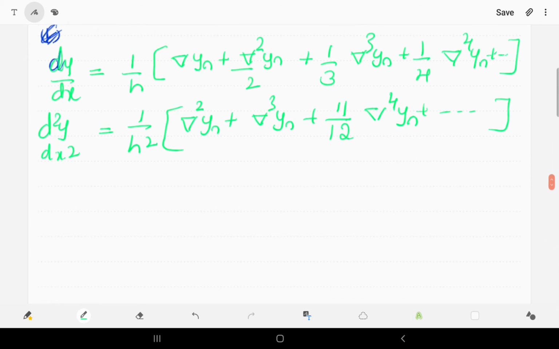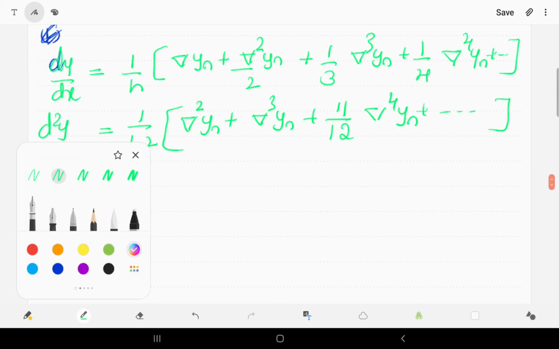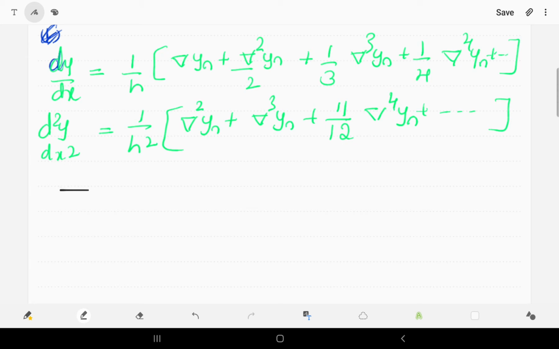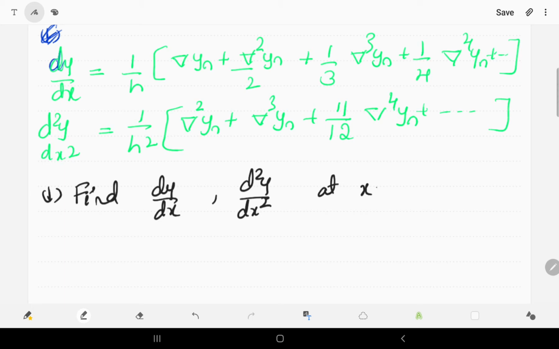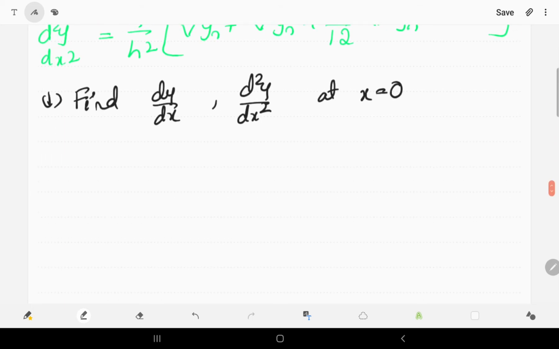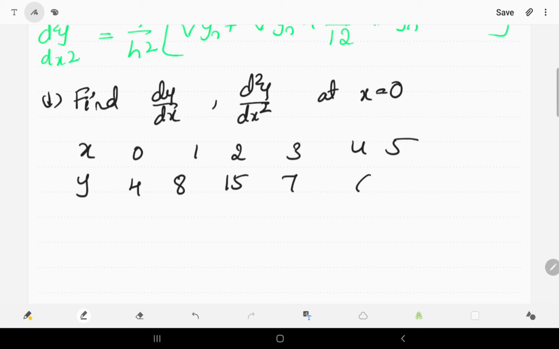Let us solve some examples. The first one: find dy by dx and d square y by dx square at x equals 0 from the following table. x and y are given: x is 0, 1, 2, 3, 4, 5 and y is 4, 8, 15, 7, 6, 2.